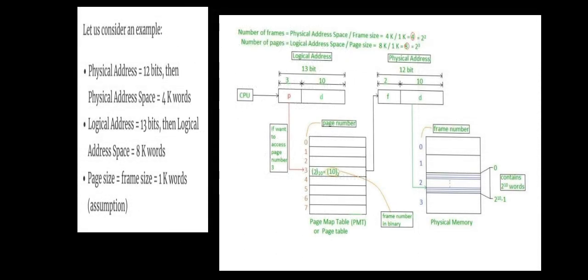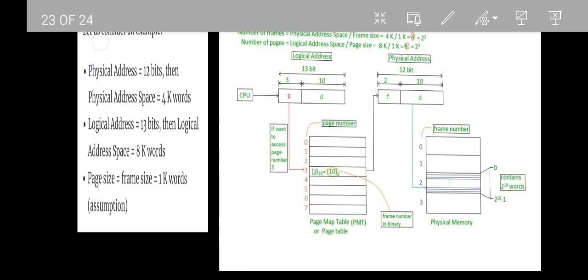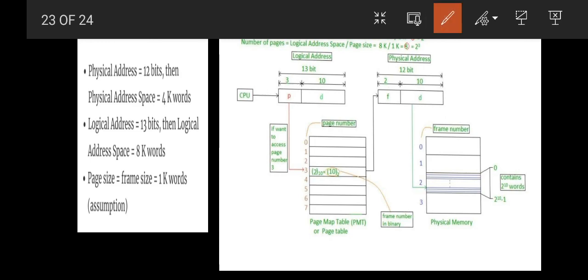This is an example of the translation of your logical address to your physical address. Let's consider the example. Your physical address consists of 12 bits, and your physical address space is 4 kilowords.